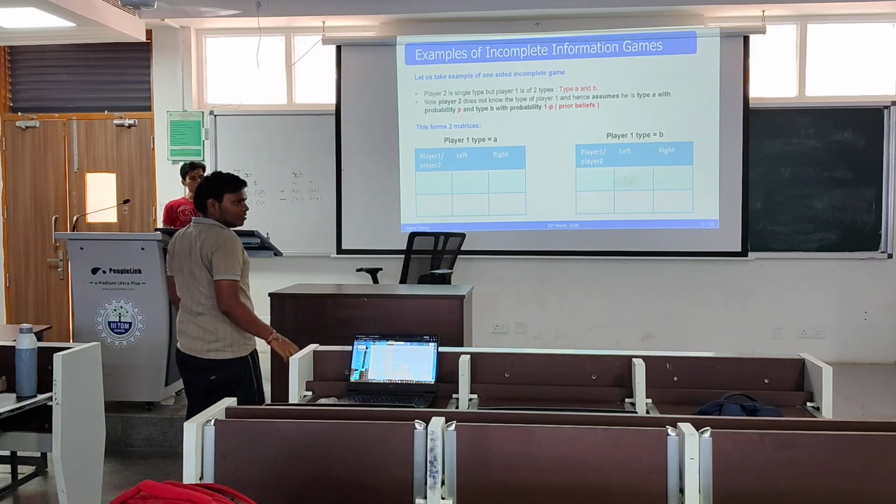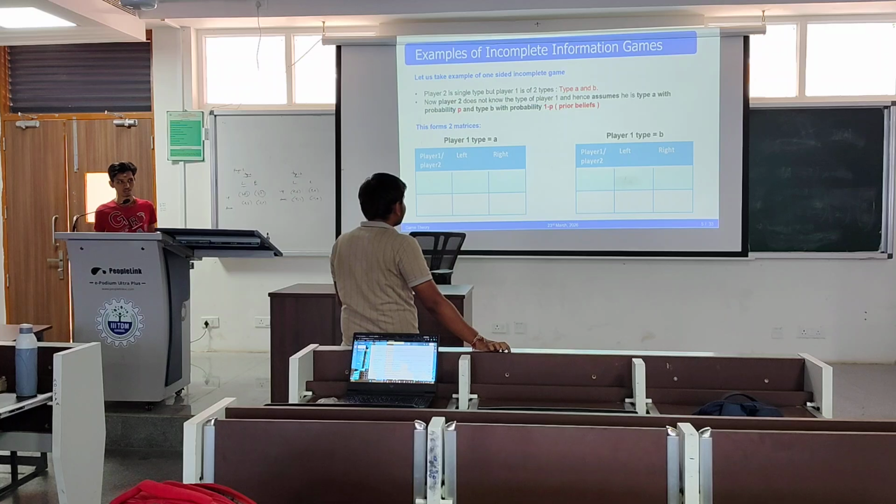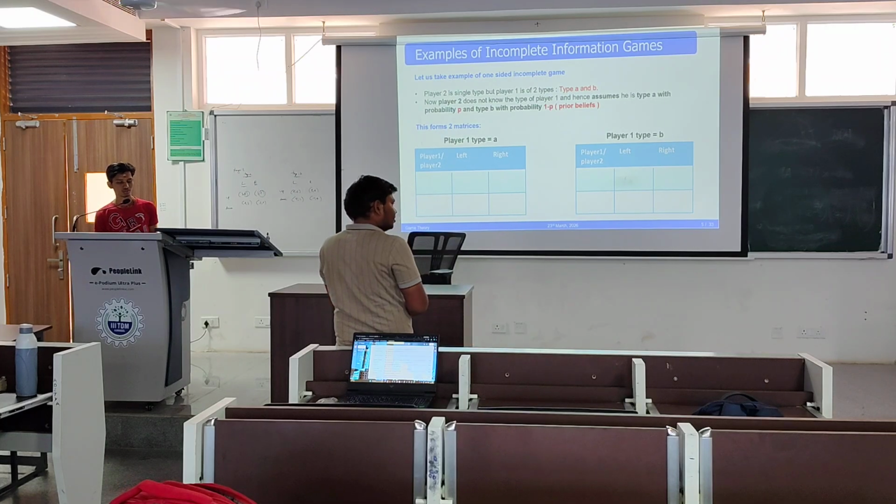Single type means he doesn't have other options, like two strategies according to player 2. Player 1 knows that player 2 is of single type, meaning he knows perfectly that he is only right leg. But player 2 doesn't know.